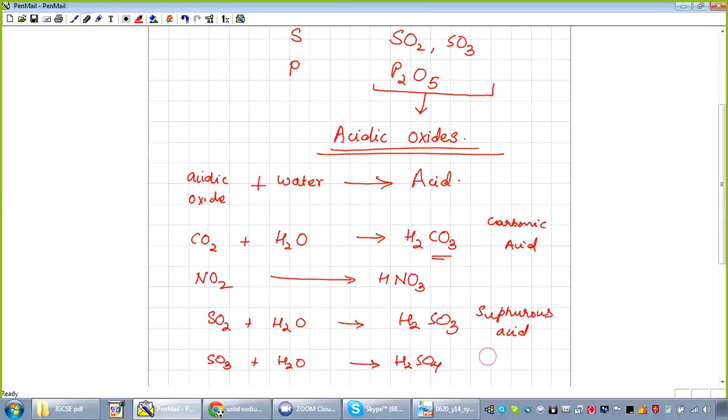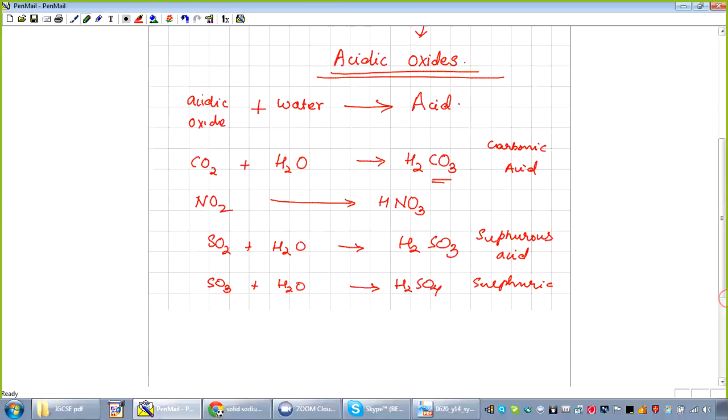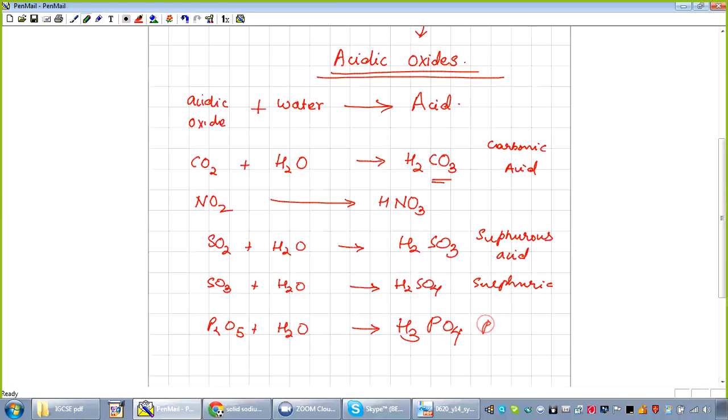Sulfuric. This is phosphoric acid. Why H3? That's the formula of phosphoric acid. You can obviously balance this equation.